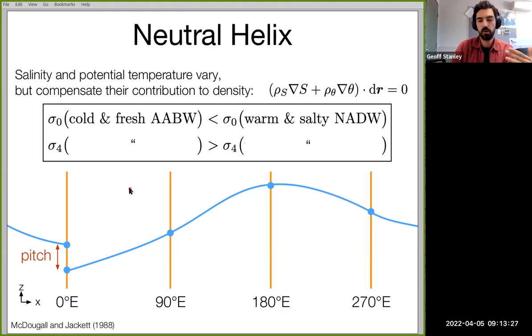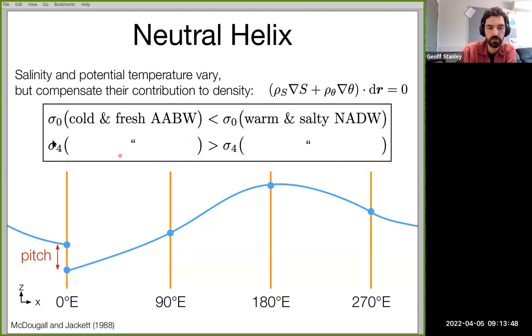So the way I remember that is this kind of nifty, interesting fact that if you look at Antarctic bottom water, compare that to North Atlantic deep water, normally we think of Antarctic bottom water as denser than North Atlantic deep water. It lies below it in the ocean floor, and North Atlantic deep water is less dense and lies above it.